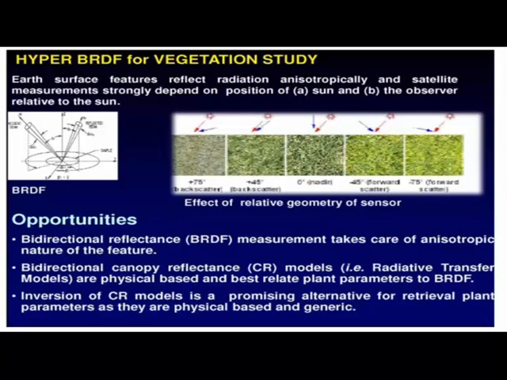From a particular direction the light falls on the target, and in other directions it goes back. That's why we call it bidirectional reflectance, and this is quantified in terms of zenith and azimuth angle. The sensor position or source position is given by zenith and azimuth. Zenith is how much it deviates from the normal. If the sensor is just on top of you, just above at nadir, that is 0 degree.